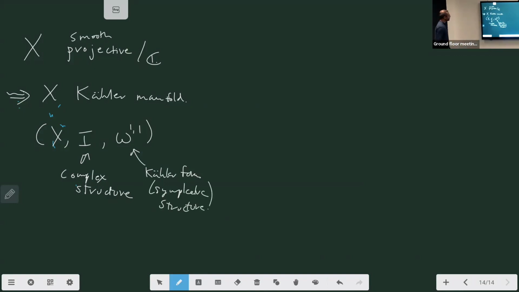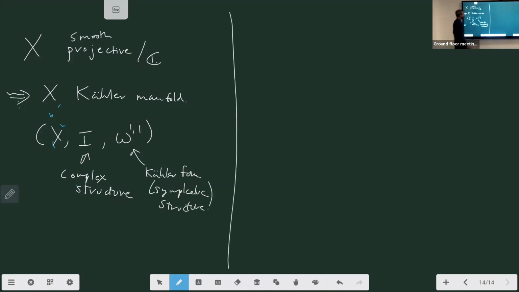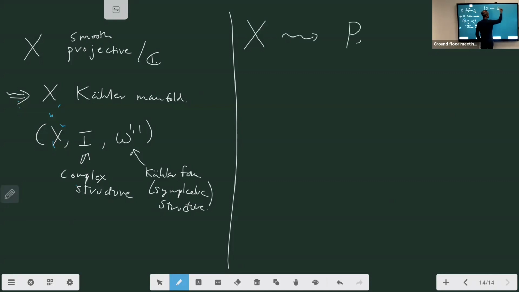Now I can produce from this data two objects, which I'm going to explain to you how it is connected to what I just said about topological field theory. So if I start with X, I can produce from it this category Perf.